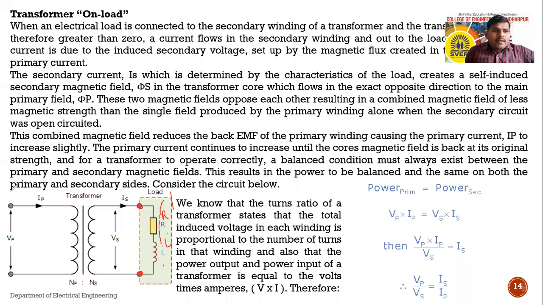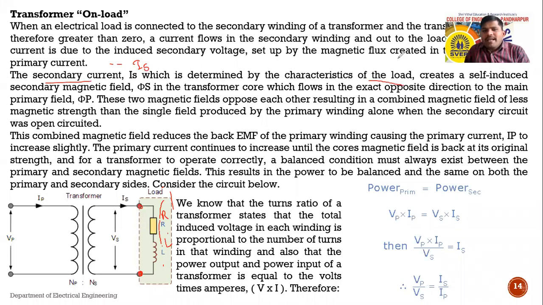Now see, when the current starts flowing from this secondary side, this current is set off by the EMF induced in the secondary. Due to that secondary induced EMF, the current starts flowing from the secondary side. Suppose we represent this secondary current as IS, which is determined by the load characteristics.